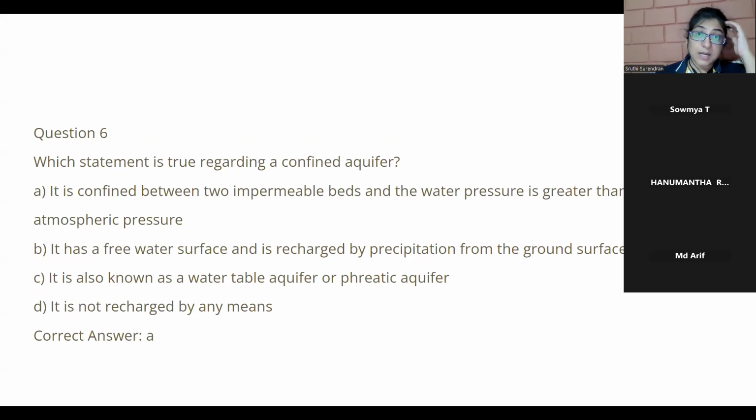Okay, it is the unconfined aquifer. Unconfined aquifer has the water table at atmospheric pressure. Confined aquifer has a pressure of the water more than the atmospheric pressure.